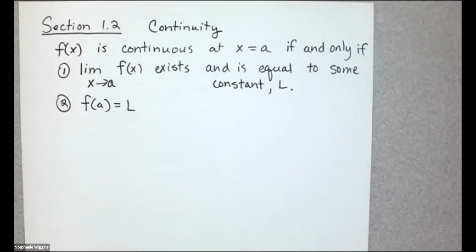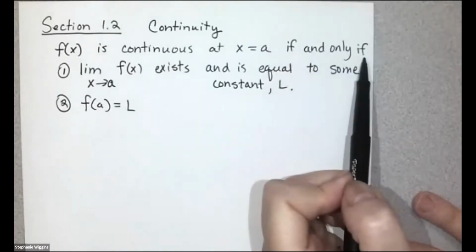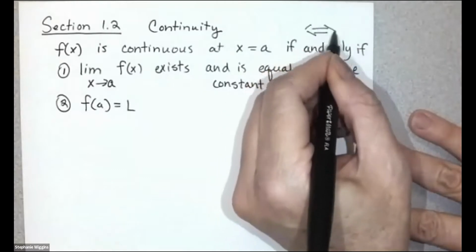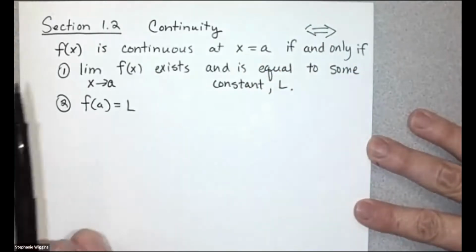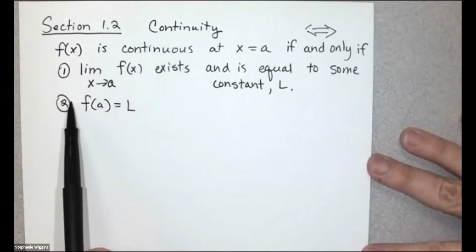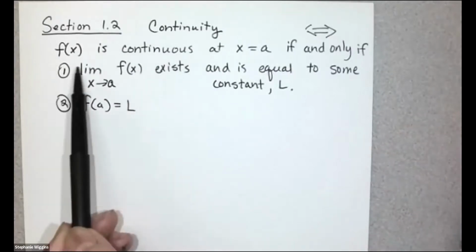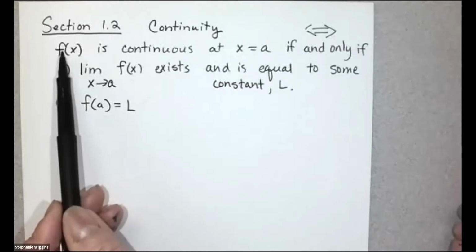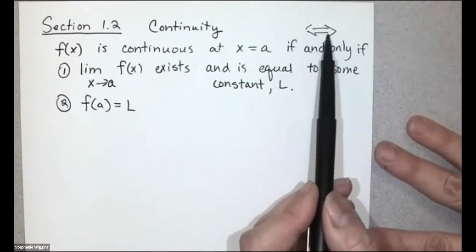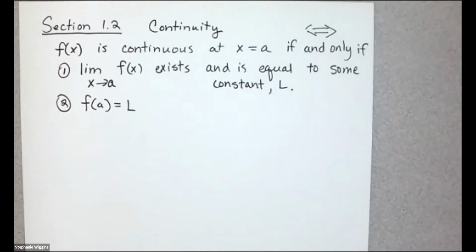And this definition says if and only if. That means the implication goes in both directions. Okay, so what that means is f is continuous if these two are true, but also if these two are true, then f is continuous. That's what it means to say if and only if. And that's why the implication goes both ways, okay?